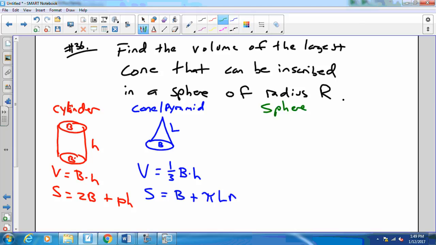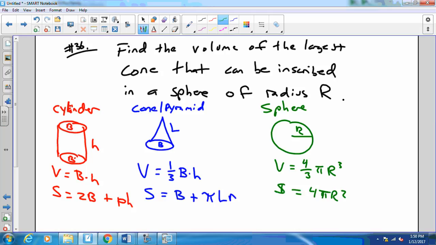And the final technical shape that we encounter is a sphere, radius r, and the sphere has a volume of 4/3 pi r cubed and a surface area of 4 pi r squared. And it's interesting to note, and not a coincidence, that the derivative of the volume formula is exactly the surface area formula for the sphere.